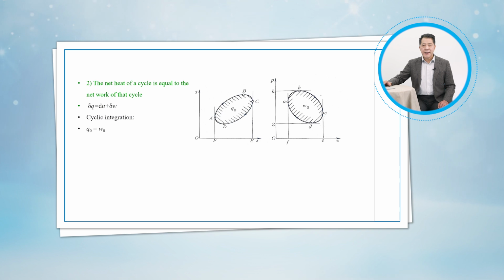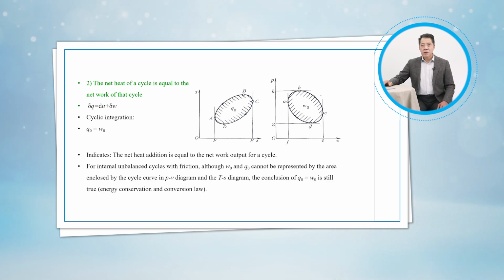The net heat addition of cycle is equal to the net work of that cycle. As is indicated, the net heat addition is equal to the net work output for a cycle.